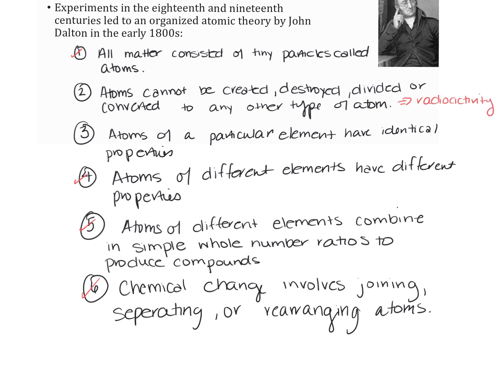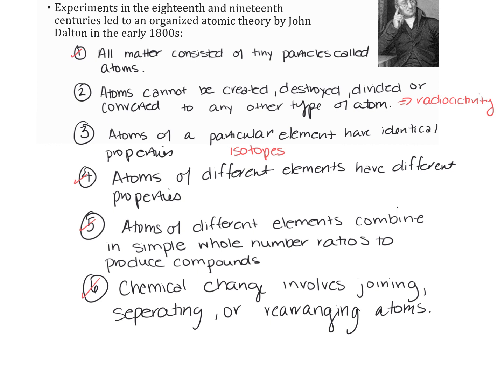And then the reason postulate 3 doesn't still hold up today is because we discovered, right, isotopes. We're going to talk about isotopes in a second, but if you've heard about isotopes, it's basically the same type of atom, but with a different number of neutrons, right? So that means that those atoms don't have identical properties.